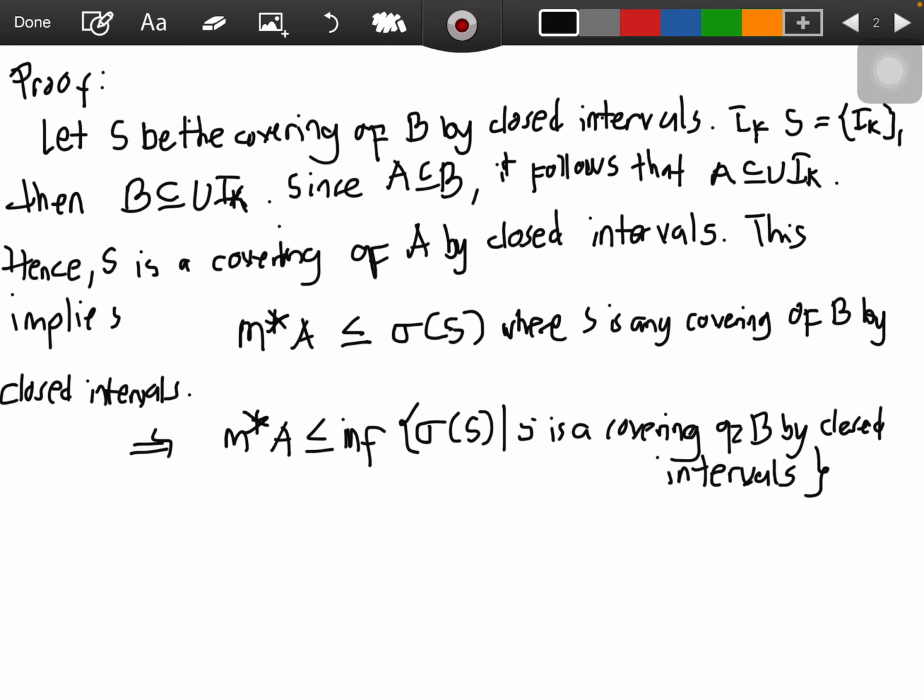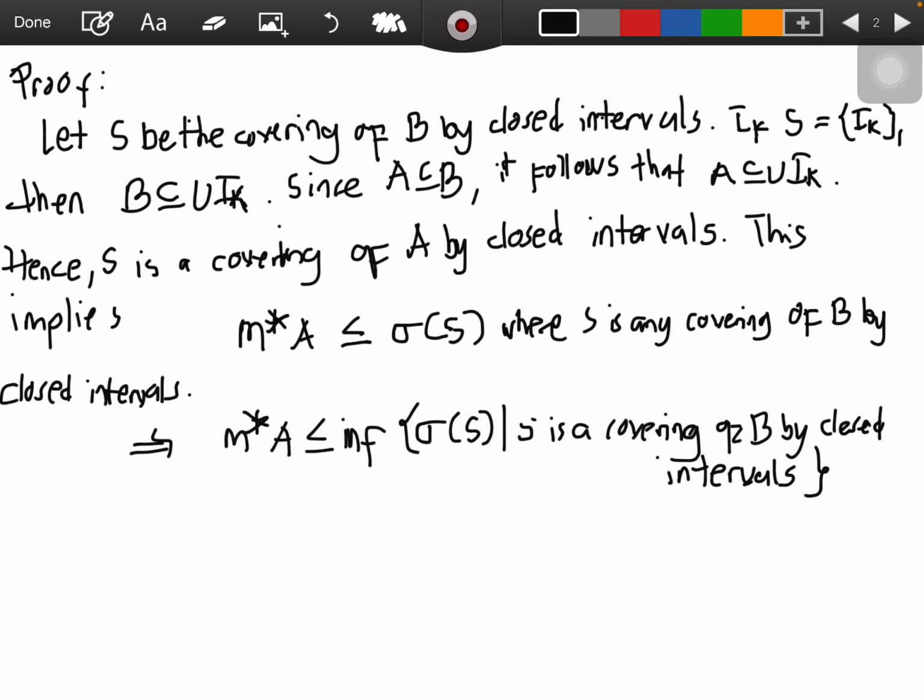Okay? So, paliwanag natin to. So, bakit infimum? Paano tayo nakakasiguro na si M star A ay less than or equal sa infimum? So, katulad na sinabi ko, si S, kino-cover din niya si A. So, that means the sigma S is always greater than or equal to the outer measure of A. Okay? And by definition, si outer measure of A is the infimum of the sigma S. So, that's why our M star of A is less than or equal to the infimum of that set containing sigma S. Okay?